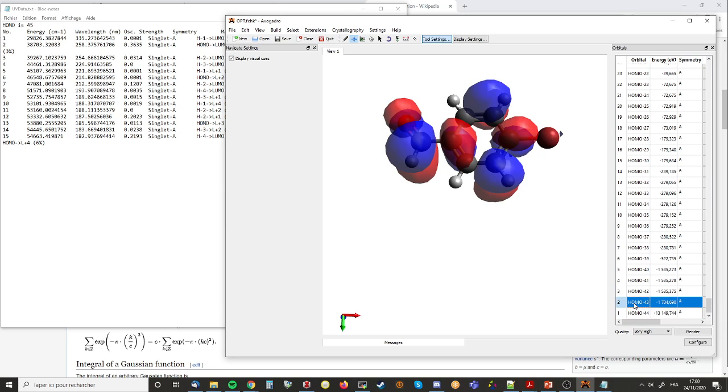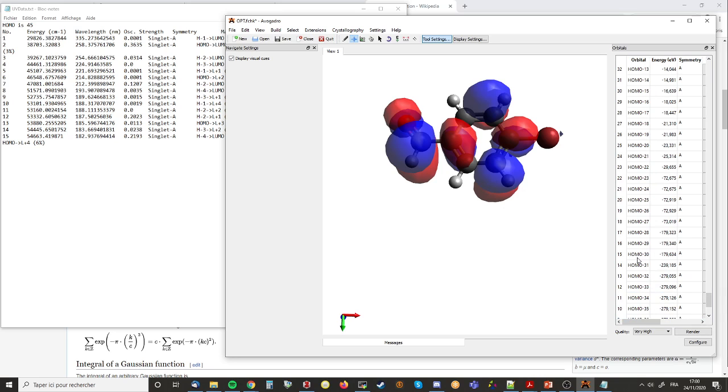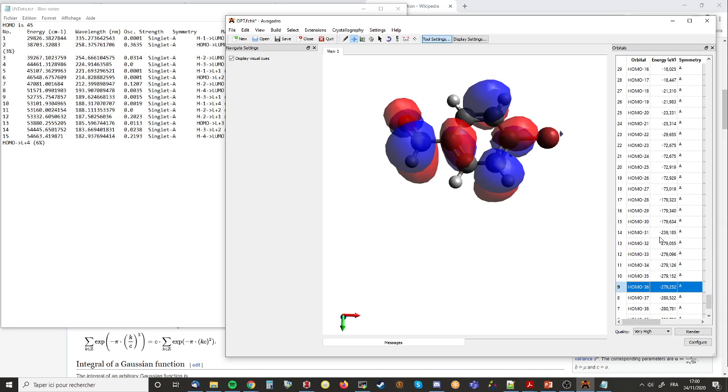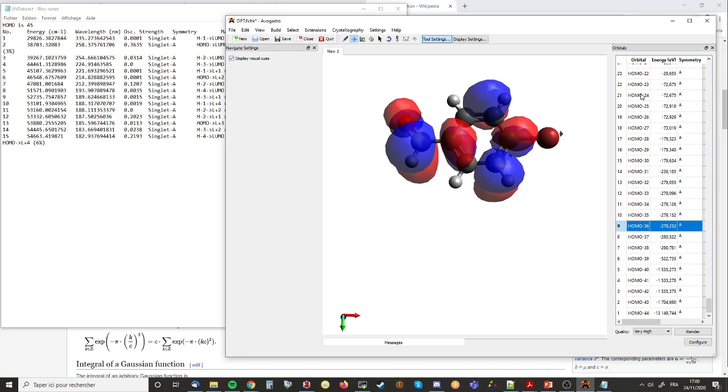And then you have the 2s of your bromine, 1s of your oxygen, 1s of your carbons, etc. So here it's 1s, 2s bromine, 2p of bromine, 3s bromine, 2p bromine, and then we have the 1s oxygen, etc. So there is quite a lot of HOMO minus something, but those exist.